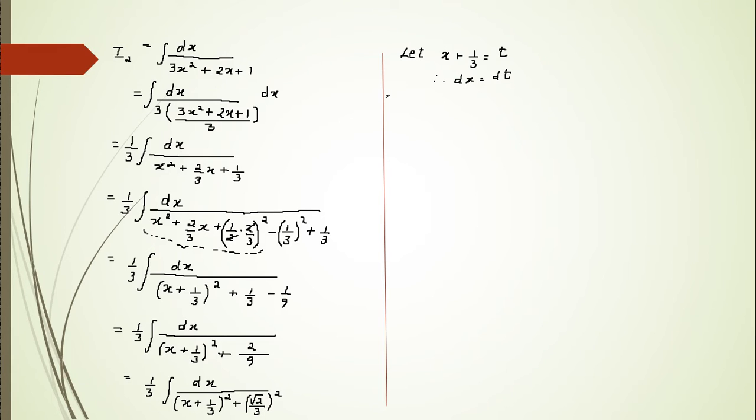Now I'll replace again. I2 is equal to 1 by 3 integral dx, this dx is equal to dt, so I can write dt here, divided by, now x plus 1 by 3 is equal to t, so I'll get t square plus root 2 by 3 whole square.